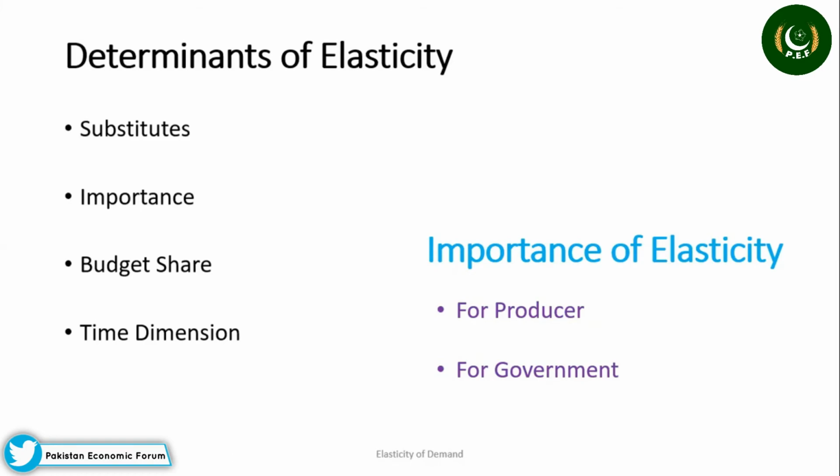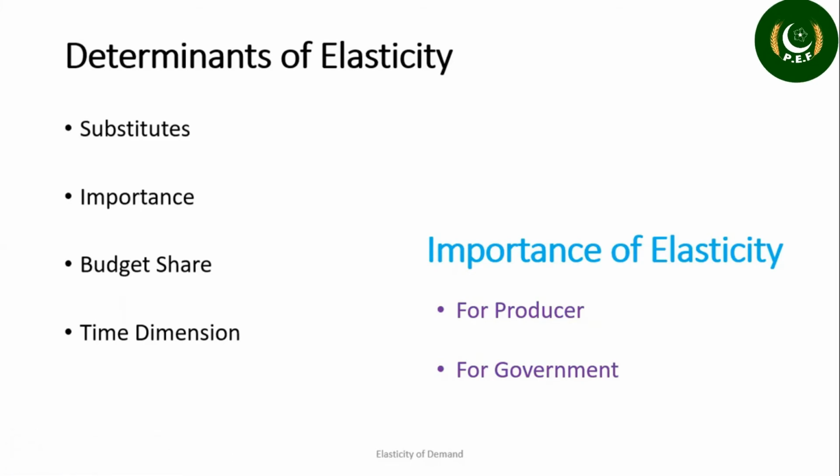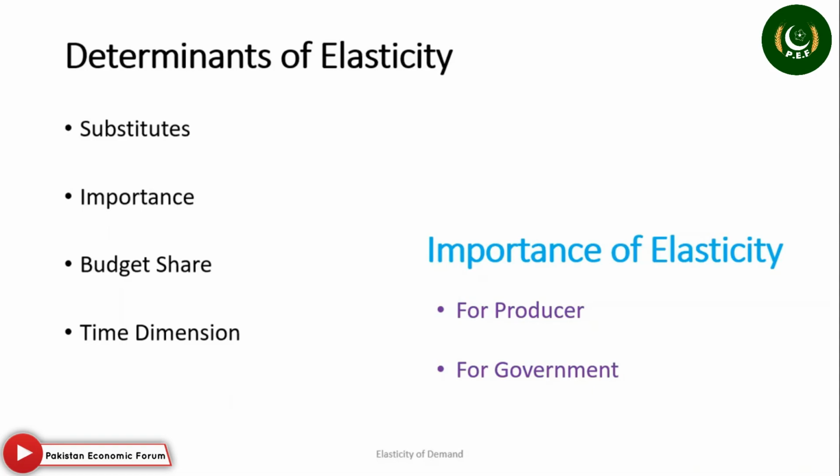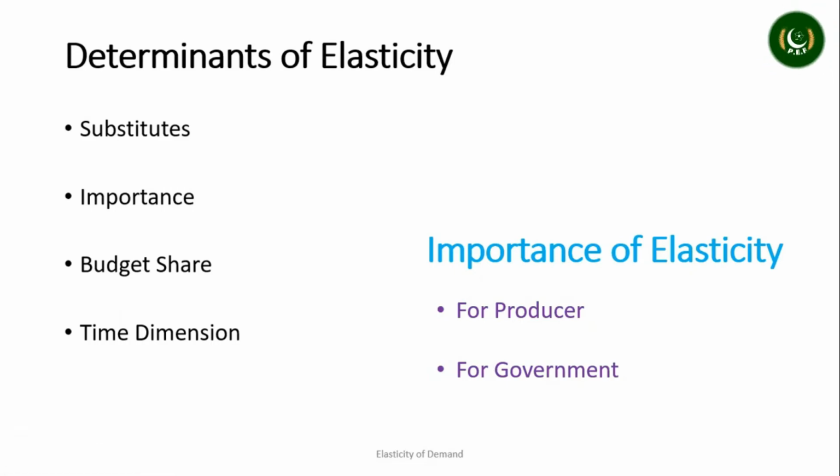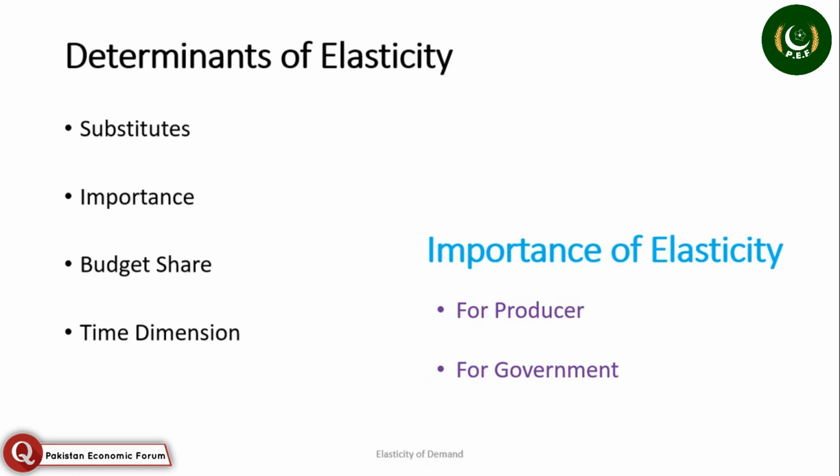This normally applies in case of carbon tax or in case of sin tax, which is normally imposed on cigarettes, alcohol, sugar, or any such products which are not very useful for human health.